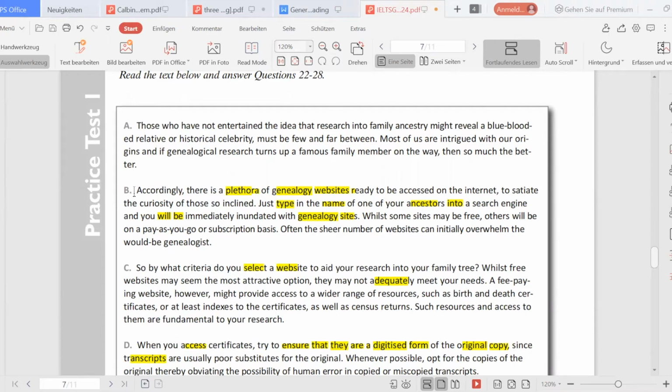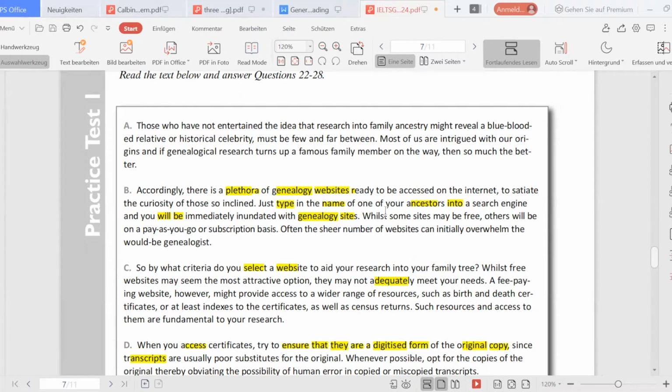But in the first sentence, it says, accordingly, there is a plethora of genealogy websites ready to be accessed on the internet to satiate the curiosity of those so inclined. Okay, there's actually nothing about somebody feeling something when they see all these websites. Okay, so we move on to the next sentence.